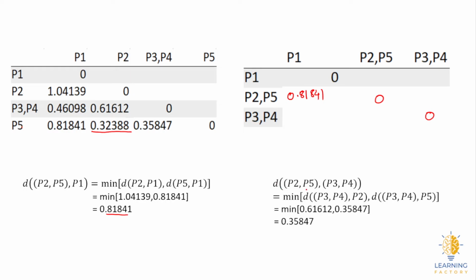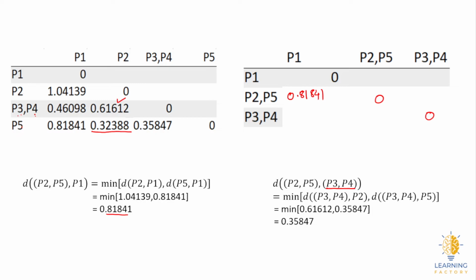So similarly, we'll be computing the distance between P2, P5 and P3, P4, right? So to compute this, already we had this cluster with us, P3, P4, right? So we need to compute now the distance between P3, P4 and P2, right?